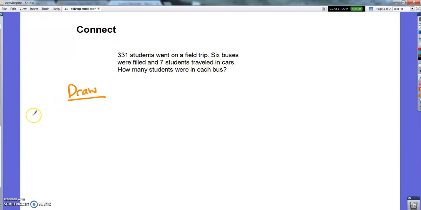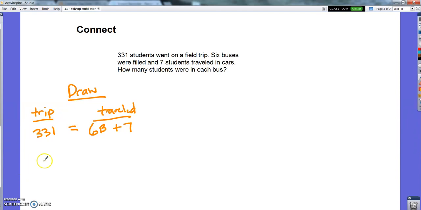We figured out that the number of people on the trip was equal to the people who traveled there. So we said 331 people were on the trip, and we dealt with this to make our equation. Said 6 buses were filled, but we don't know how many people were on each bus. So it was 6 times however many people were on the bus, and then another 7 who traveled there.